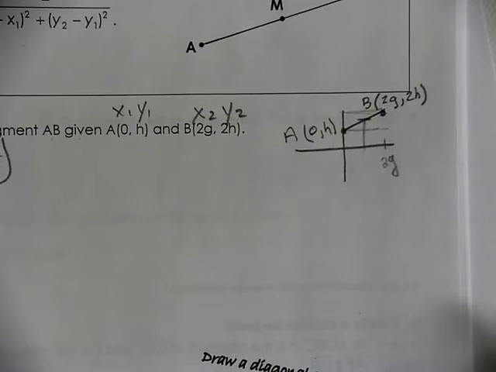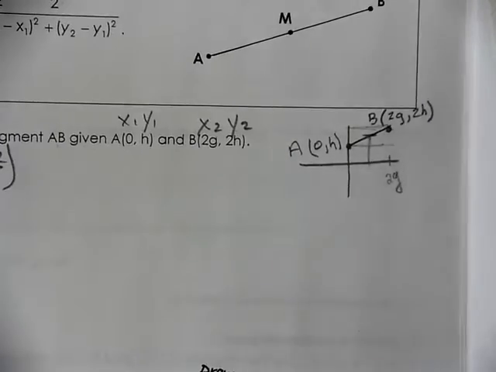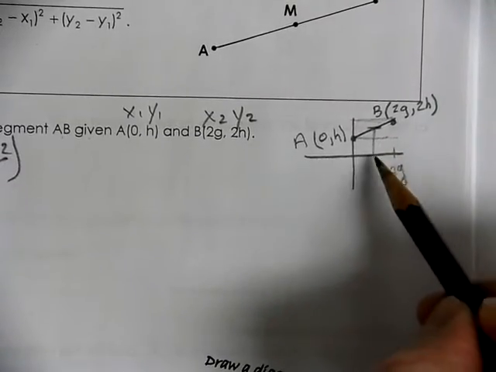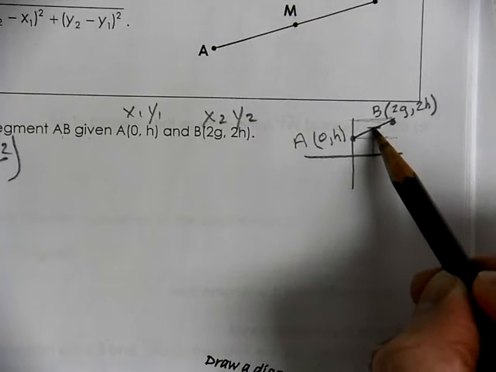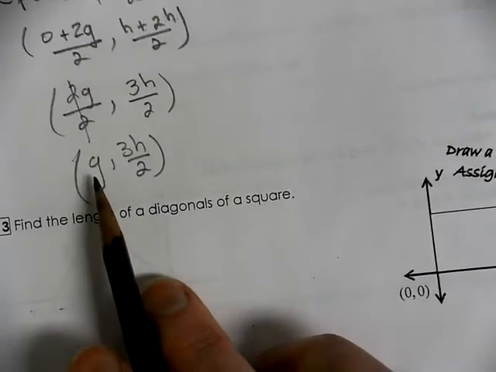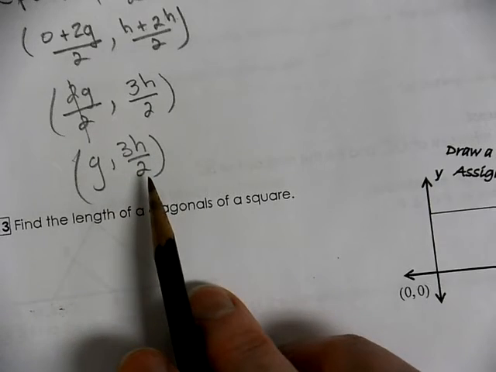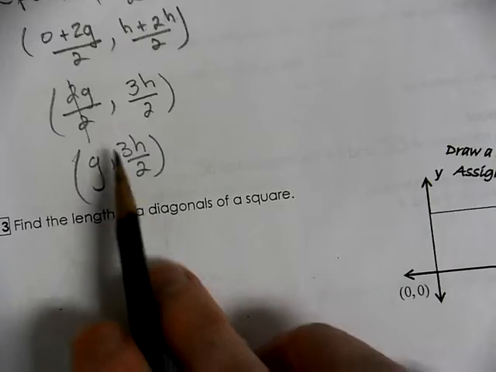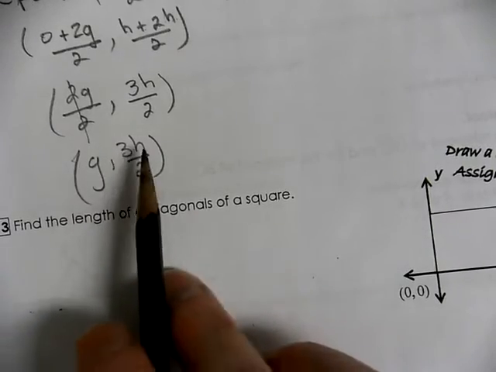And that's where our midpoint is. Our midpoint is g, halfway over from 2g, and up 1.5 compared to the 2h. So that's what this says. g, comma, 3/2 h, which is 1.5h.